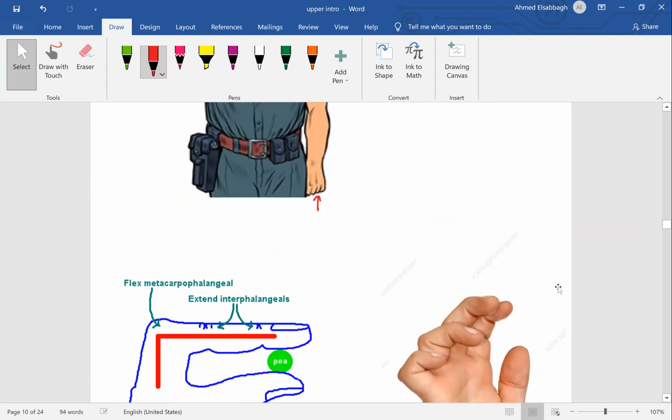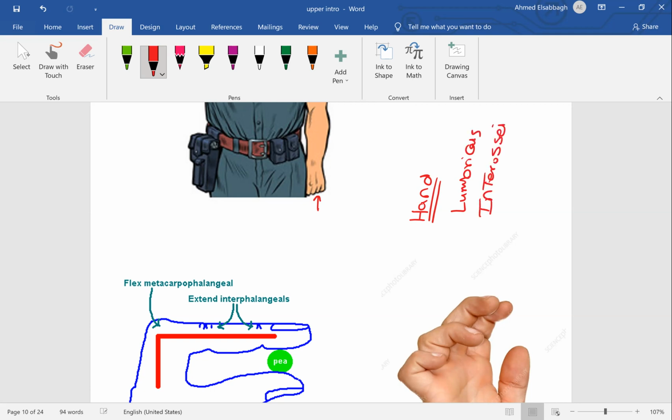In Klumpke paralysis, as I told you before, the injured muscles will be the distal muscles, which are the muscles of the hand, especially the intrinsic muscles of the hand, which are lumbricals and interossei.